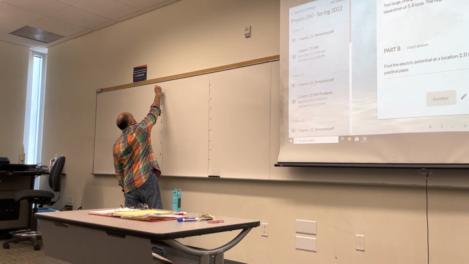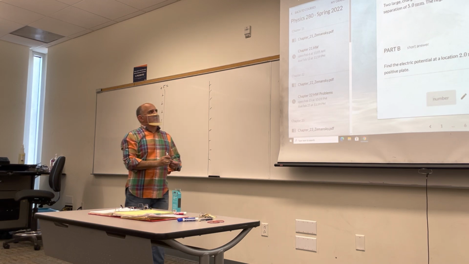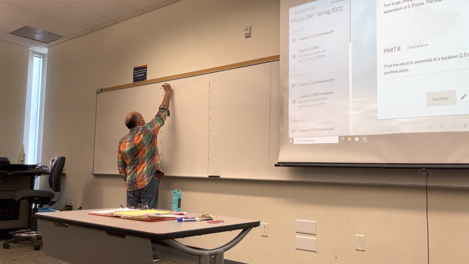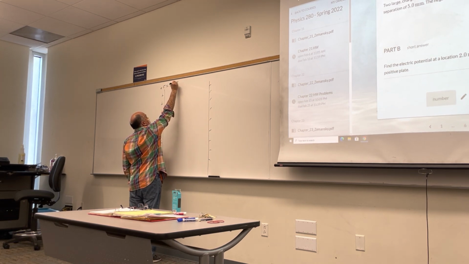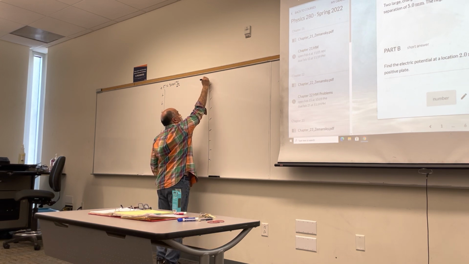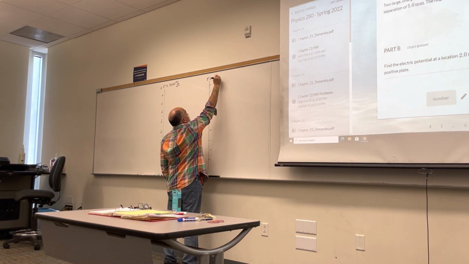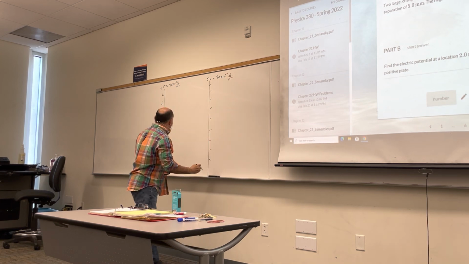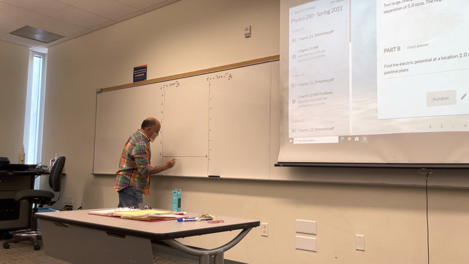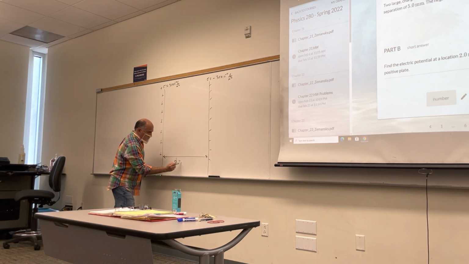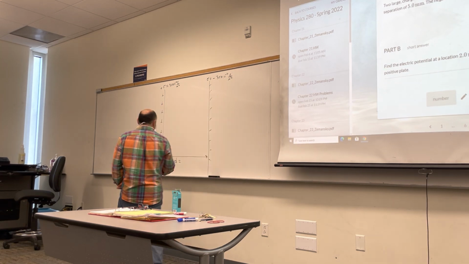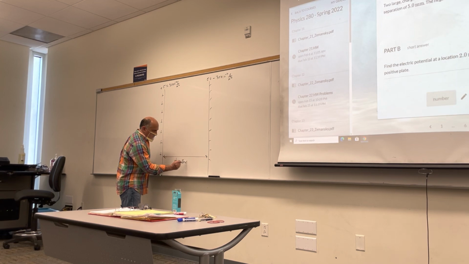This is plus sigma, which is 30 times 10 to the minus 6 coulombs per meter squared. And the charge density of this one is minus 30 times 10 to the minus 6 coulombs per meter squared. And they're separated by a distance, 5 millimeters, so this is 5 times 10 to the minus 3 meters.